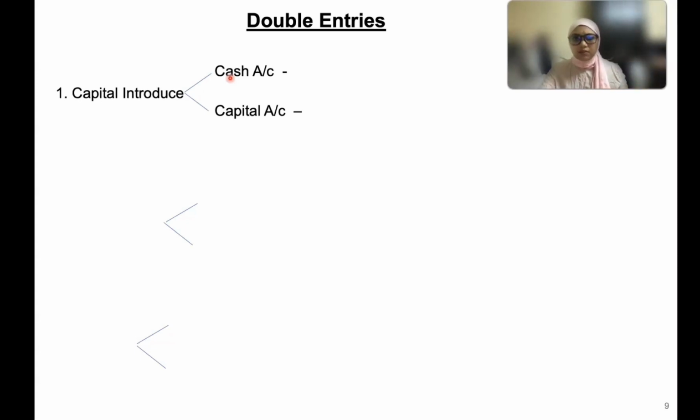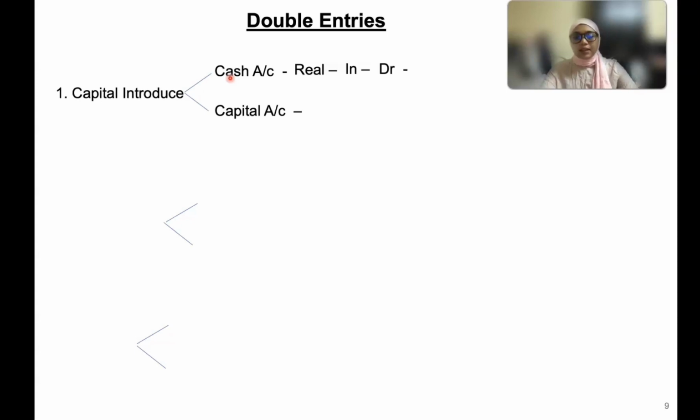The cash account is a real type of account. The owner introduced capital, the business received cash, so the cash account is real. We receive cash, so it is in, so we will record in the debit side.